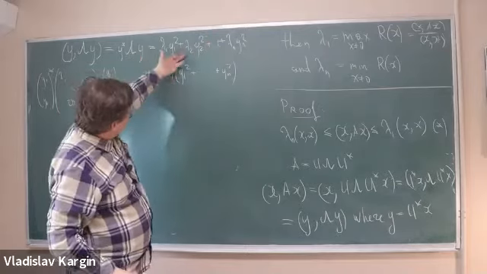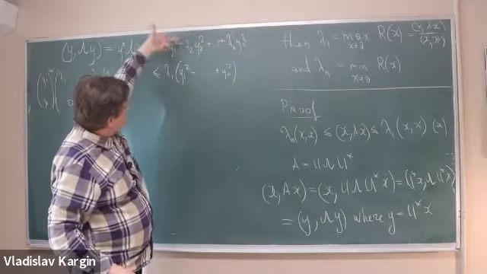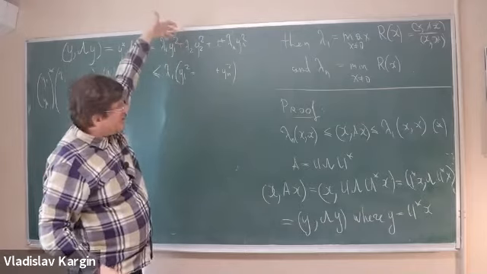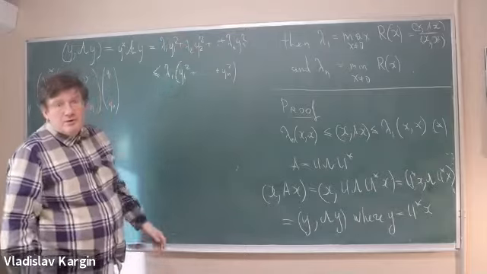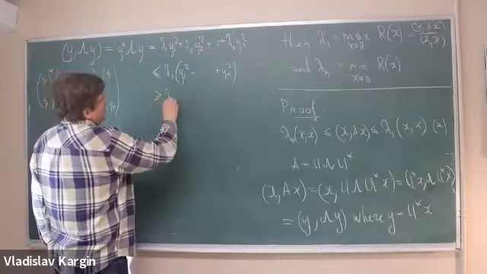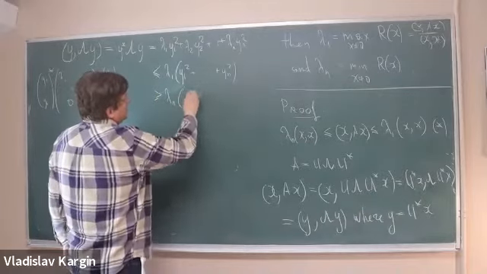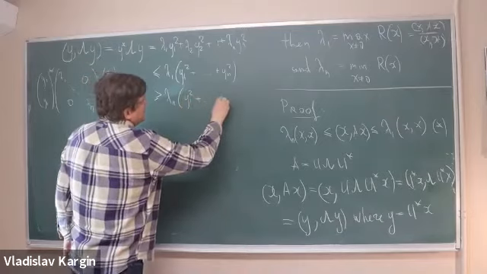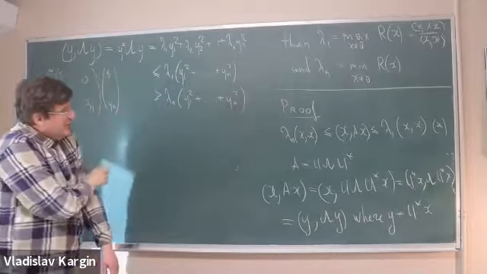If you add lambda 1 minus lambda 2 here, this thing becomes larger because it's a positive quantity. So it's clearly true, and it's greater than or equal to lambda n times Y1 squared plus so on plus Yn squared.